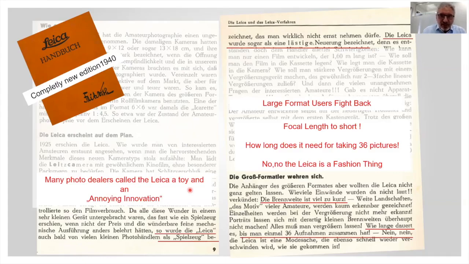They said the Leica focal length is too short, and who needs 36 pictures, and all these things. Very funny. And why do I highlight this? Today we have the same discussion between 35 millimeter format and mobile phone optics. It's the same discussion.